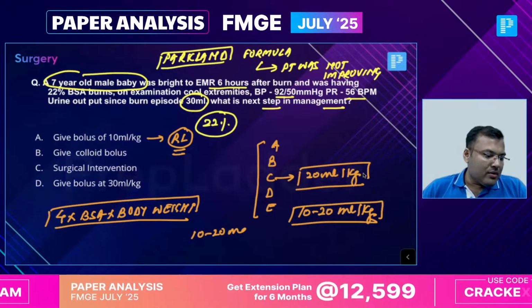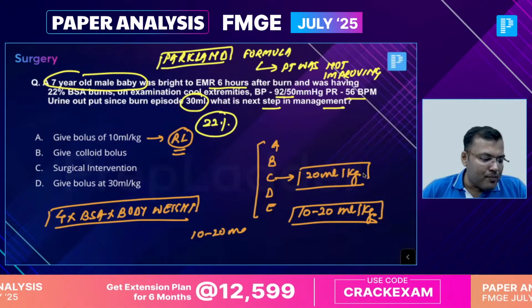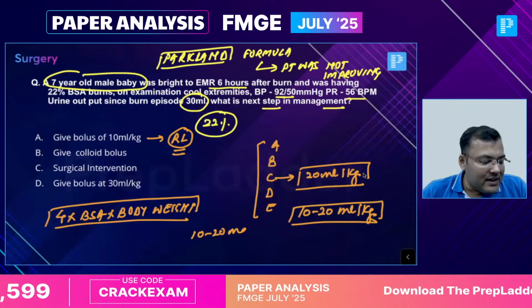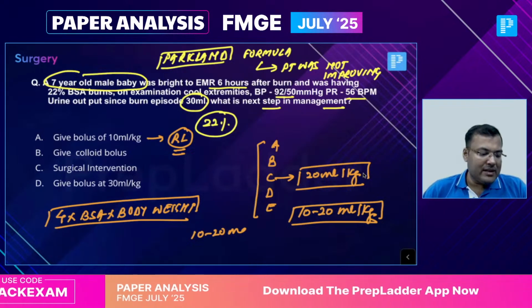Yes. New Parkland formula says 2 into body surface area. That is wrong. Let me tell you.